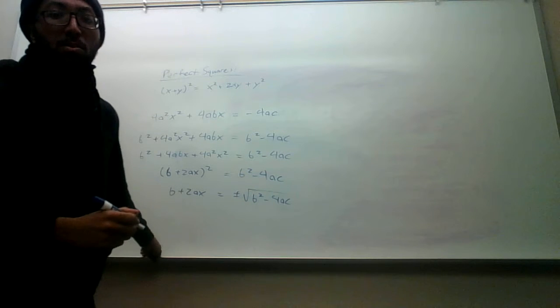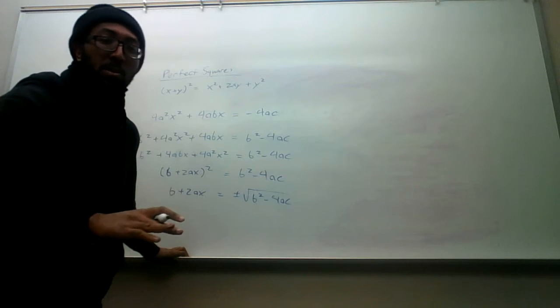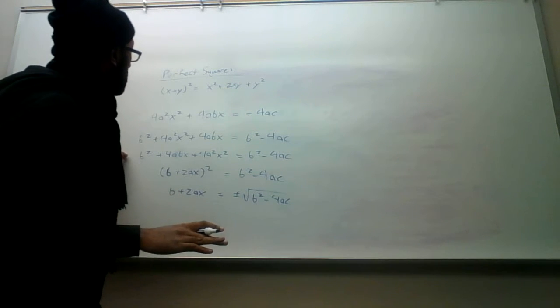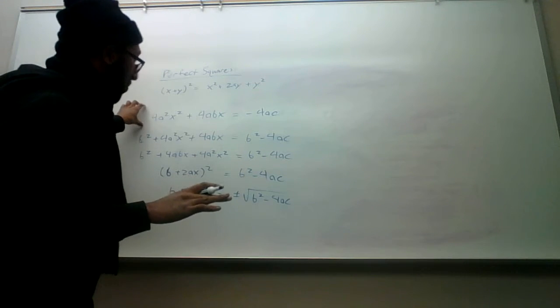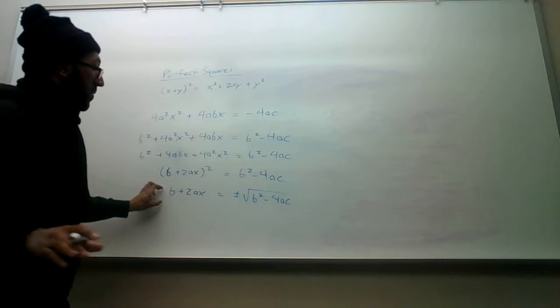Now it should be looking sort of familiar. Everything we've done up to this point is just using algebraic rules. We didn't do anything fancy aside from completing the square and multiplying this whole function by 4a in the beginning. I'll get back to that shortly after I finish this derivation.